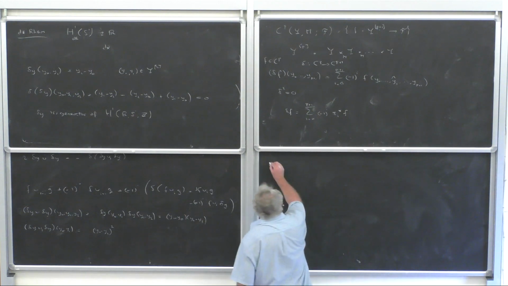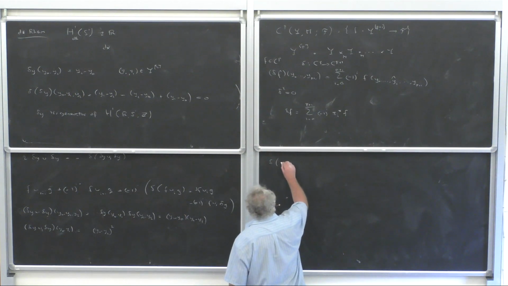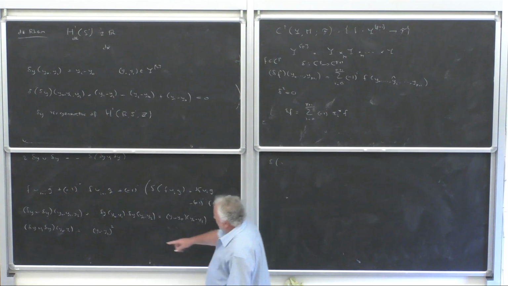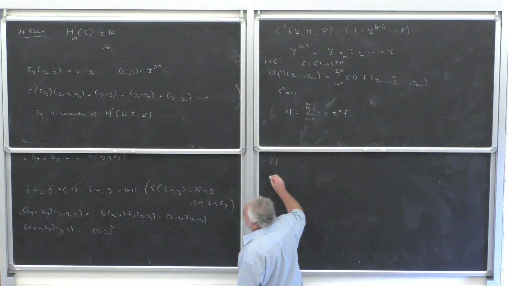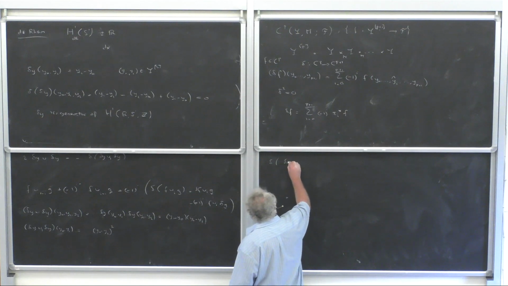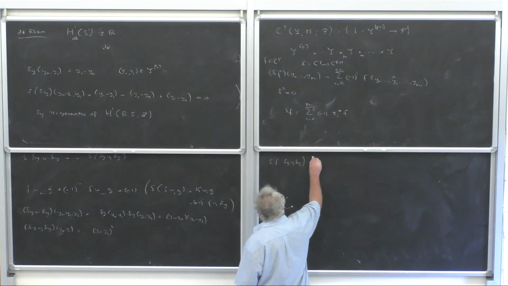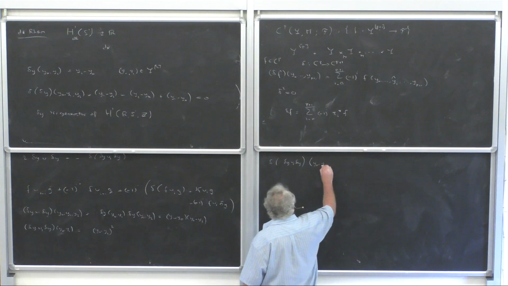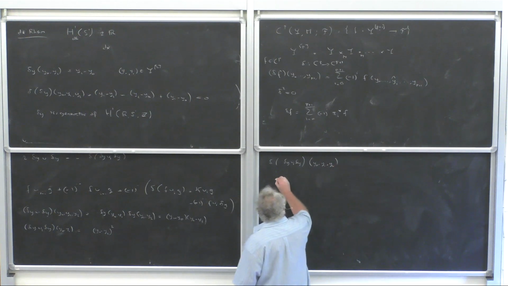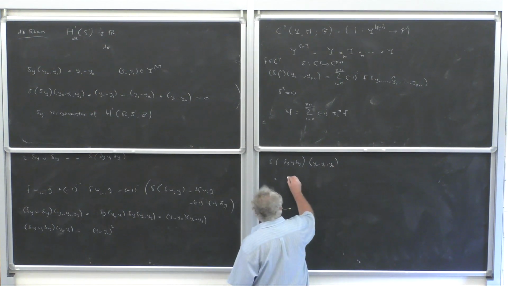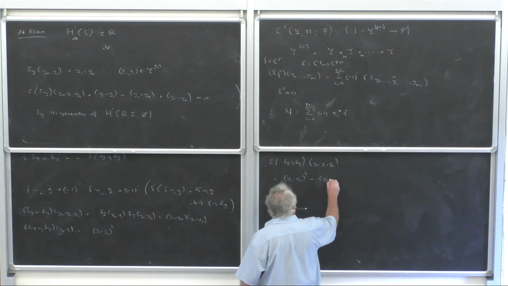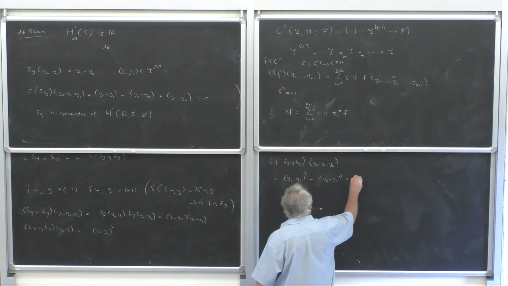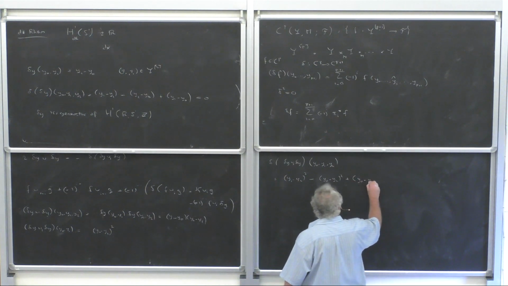So if I do the del of y0 minus y1 squared, so the del of del y cup del y in y0, y1, y2, I just get y1 minus y2 squared minus y0 minus y2 squared plus y0 minus y1 squared.